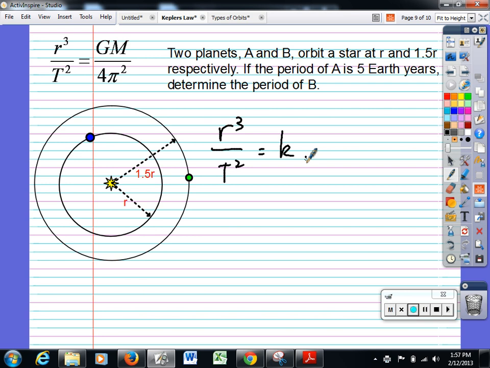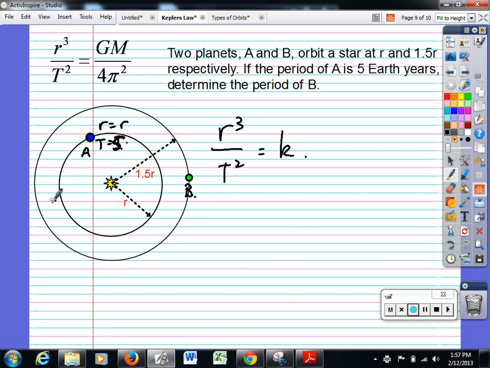So looking at just the inner planet here, which we'll say is A, because it's the one at radius r, and B is at a radius of 1.5r, because it does say respectively up there. Looking only at A, let's calculate its r cubed on t squared. Its radius is r, and its period is, sorry, 5.